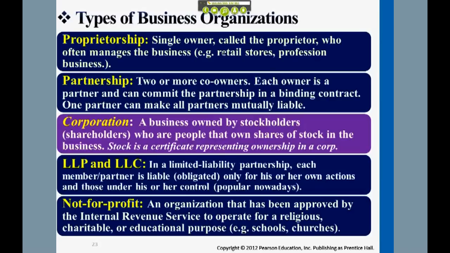Now, as opposed to partnership with that kind of binding contract, LLP stands for Limited Liability Partnership. Just by its name, limited liability means that each and every partner and owner is only responsible for their own actions. Introducing this at a general level, in terms of business law, there are also more detailed restrictions. Some of the LLPs have to have a general partner that is usually liable for everybody else's actions.